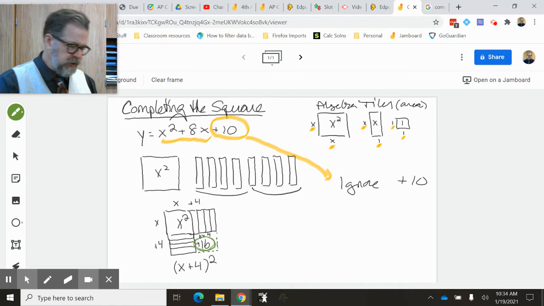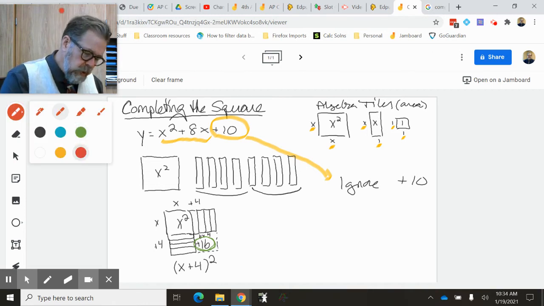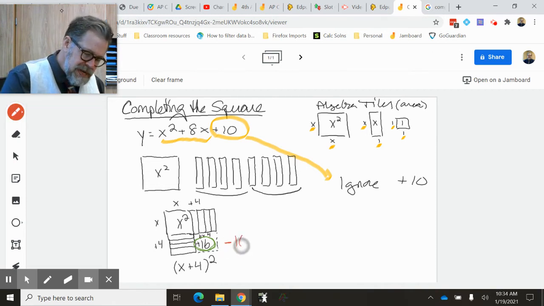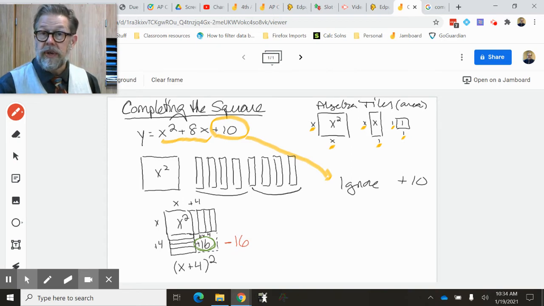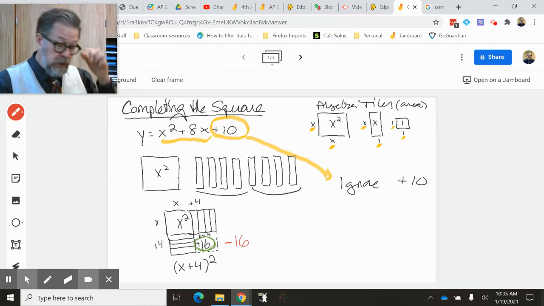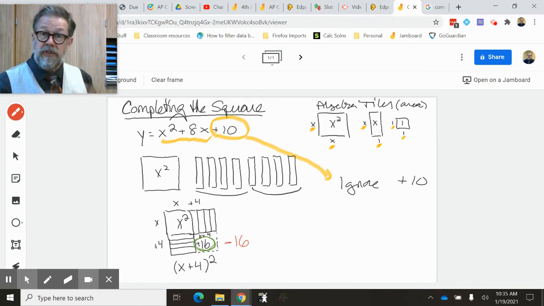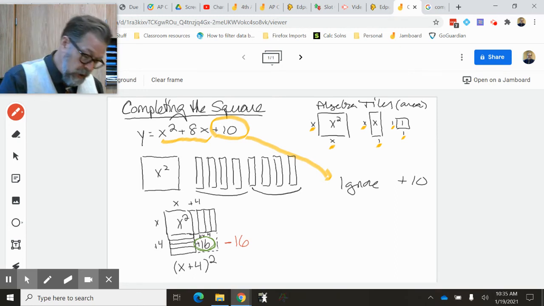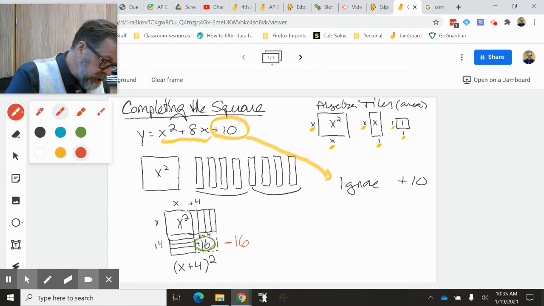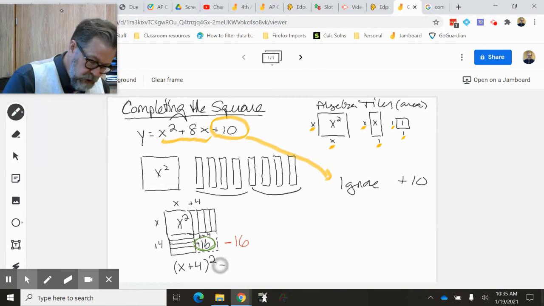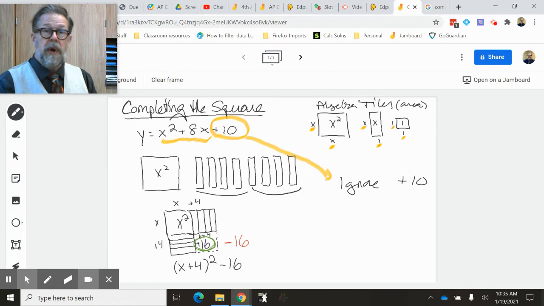But I didn't have 16 tiles. So in order to keep it in balance, I need to subtract 16 tiles. These cancel each other out. I've got plus 16 to make the square. I've got the minus 16, and they cancel each other out. And so what this square represents is x plus 4 squared minus 16.